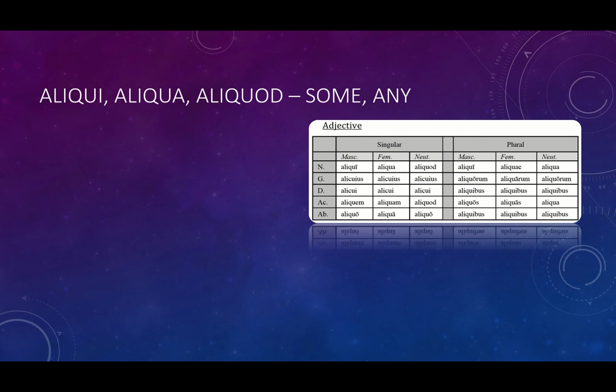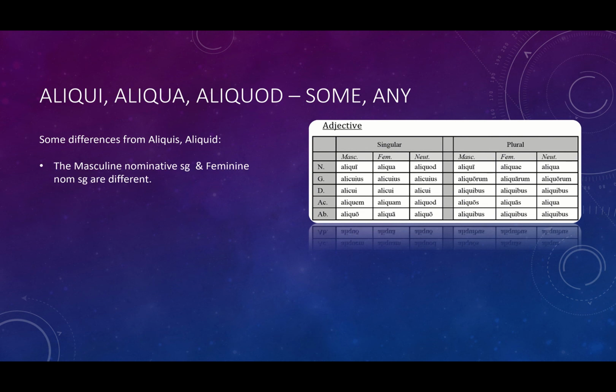This is the chart of that word, and if you look at it, it's still qui, quae, quod, pretty much with ali in front of it. There's some small differences though. And in fact, if you were to memorize aliquis and aliquid from the previous slide, you could spit this out real fast because the forms are the exact same except for, I believe, 4 forms. So some of those differences.